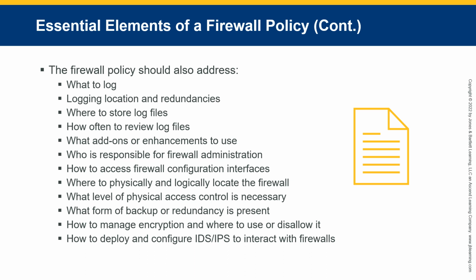So other things the firewall policy needs to address is what needs to be logged. A lot of folks will say, I only want to log what's allowed. If anything's getting denied or dropped, since we're not allowing it in, I don't want to log it. That's a fine thing to do if you want to do that. You want to specify logging location and redundancies.